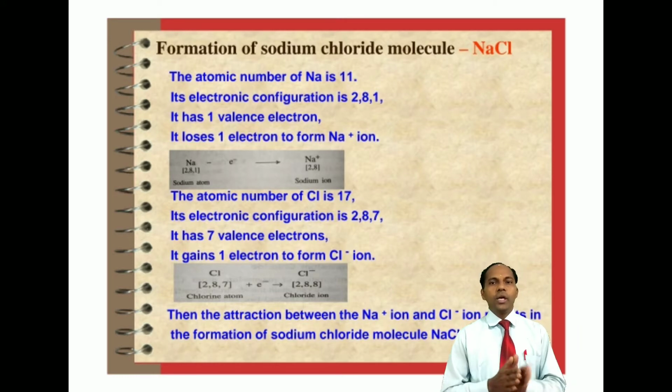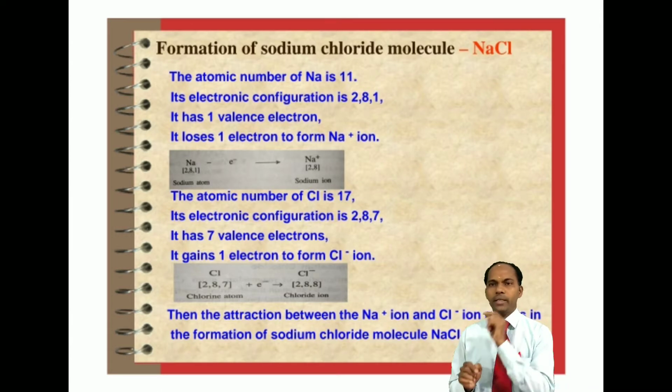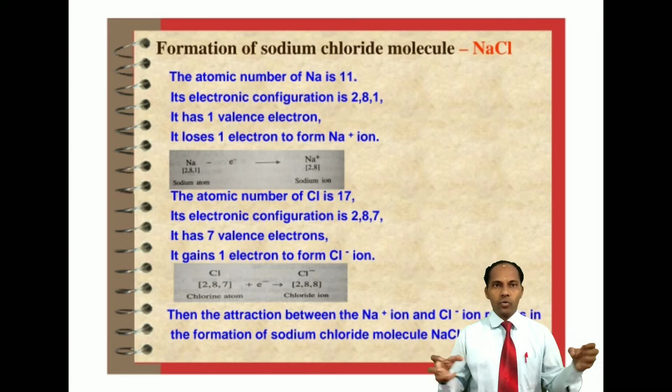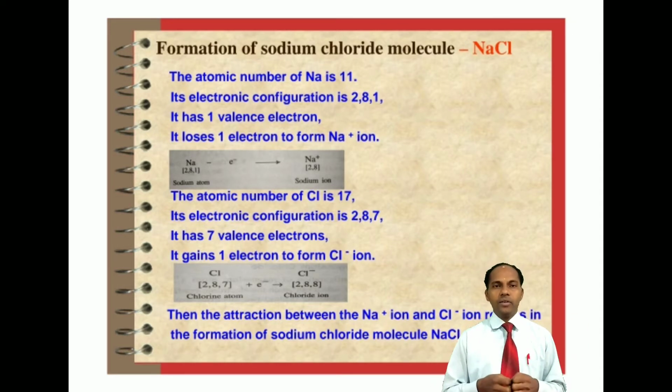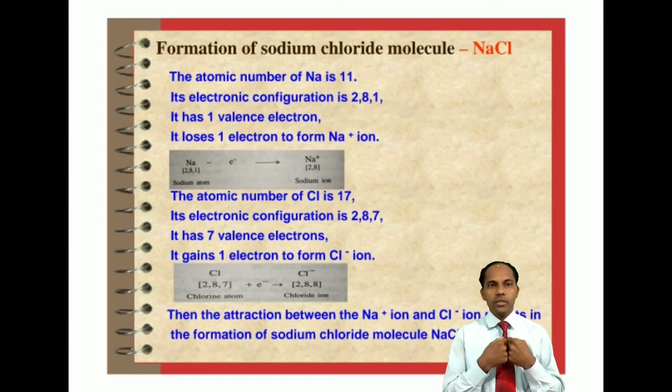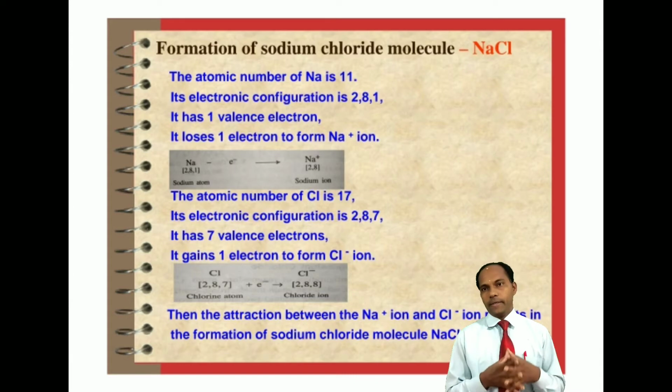When the Na+ ion and Cl- ion come closer to each other, both oppositely charged ions attract each other with a strong electrostatic force of attraction and make a bond, and that bond is called an ionic bond, and they form the compound sodium chloride.